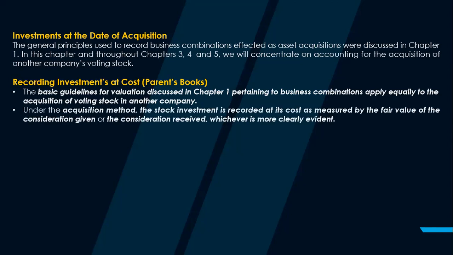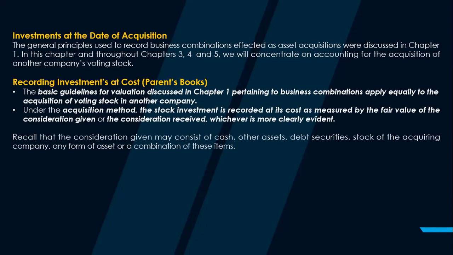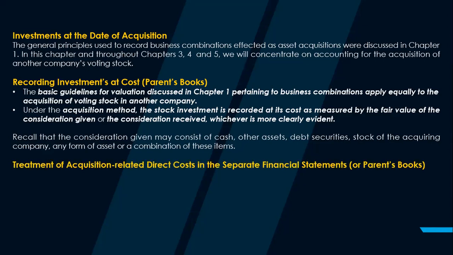Under the acquisition method, the stock investment is recorded at its cost as measured by the fair value of the consideration given or the consideration received, whichever is more clearly evident. Recall that the consideration given may consist of cash, other assets, debt securities, stock of the acquiring company, any form of asset or a combination of these items.